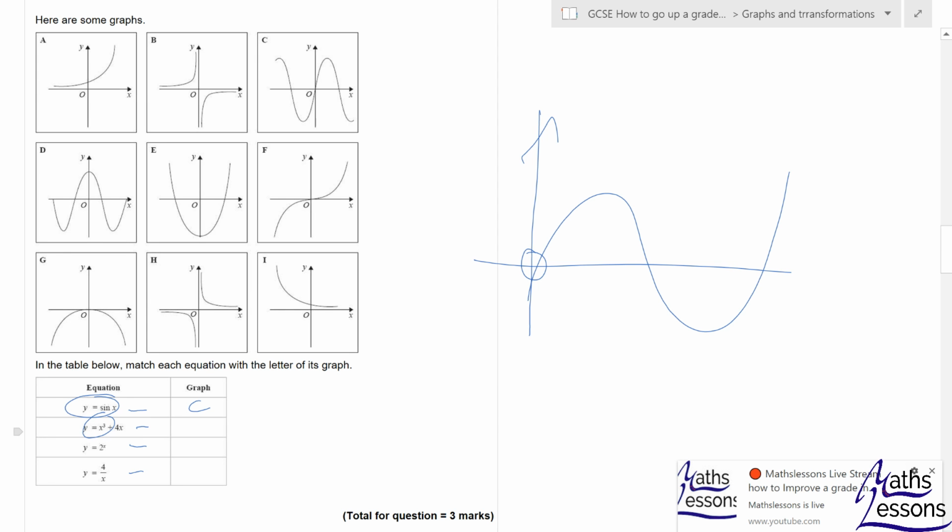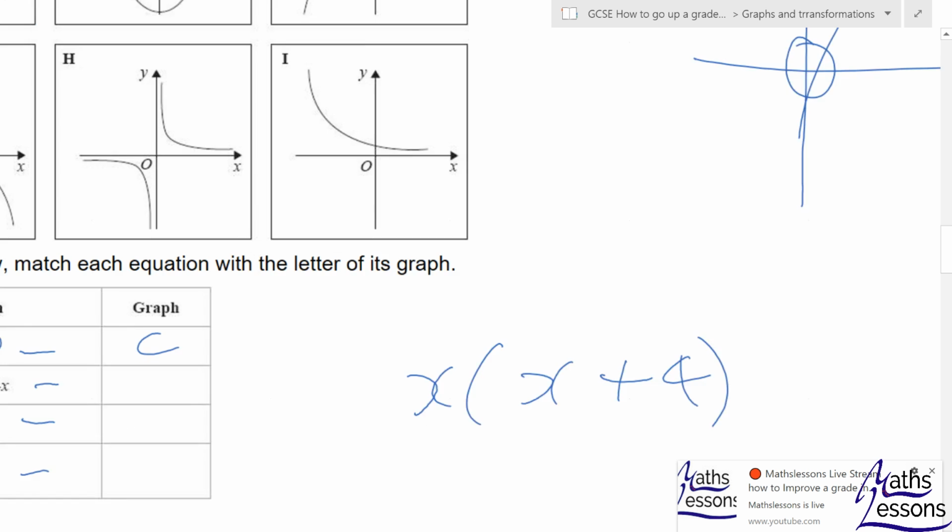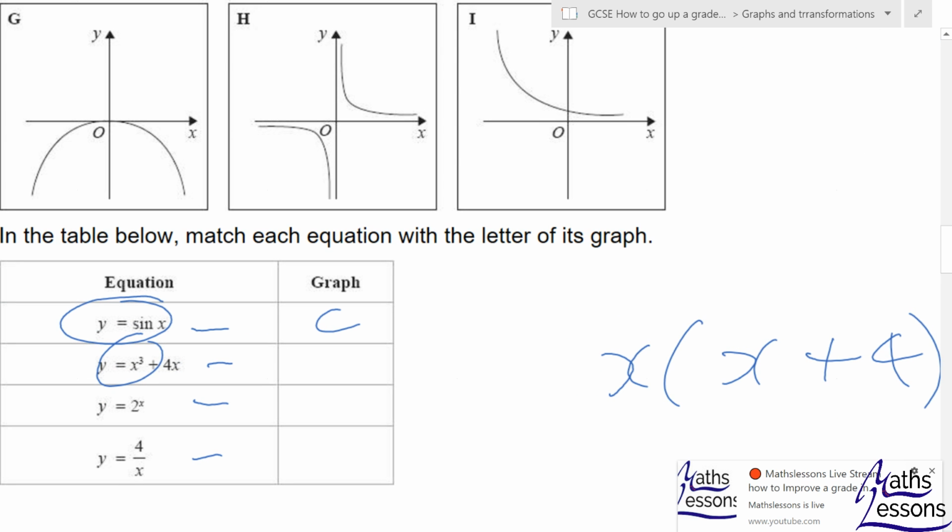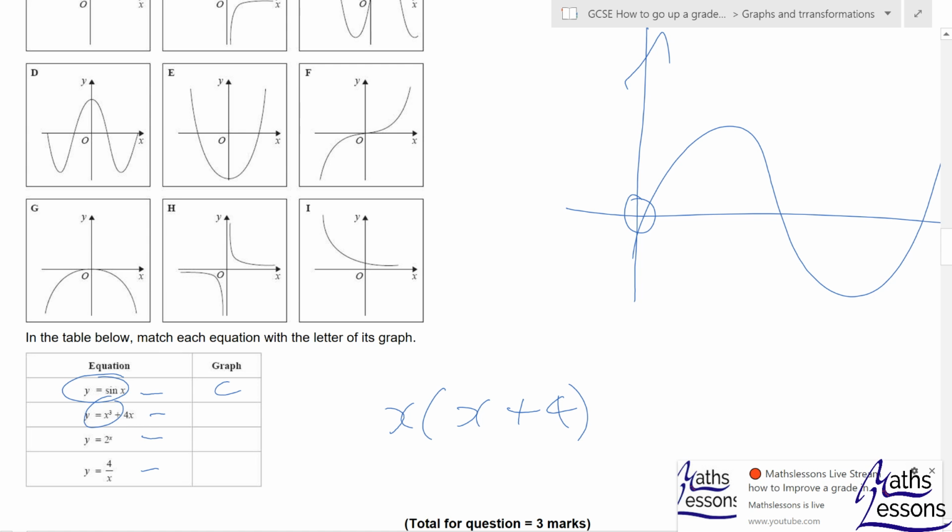It was y equals x squared plus 4x. Not any of those. I must have actually got that wrong. None actually match x squared plus 4x, because if you factorize that, you get x times x plus 4.